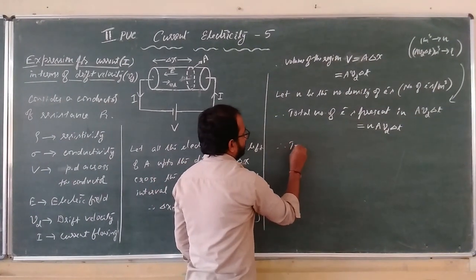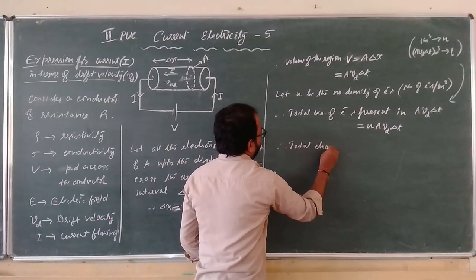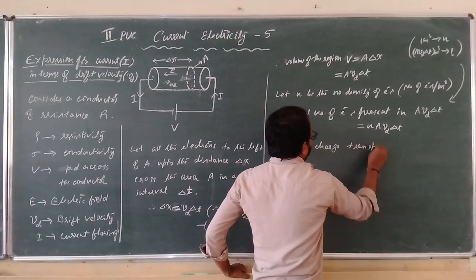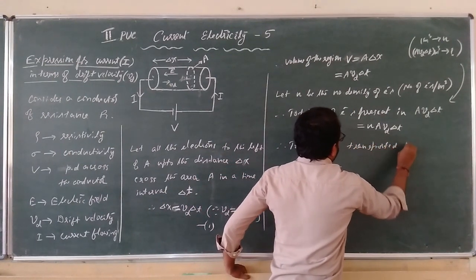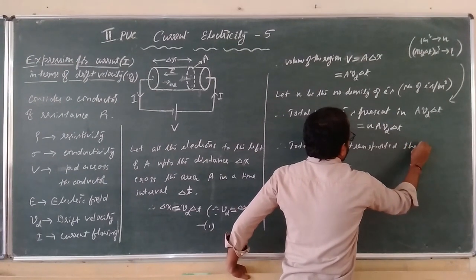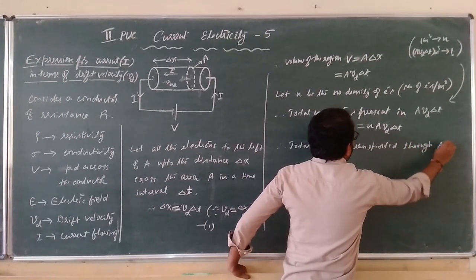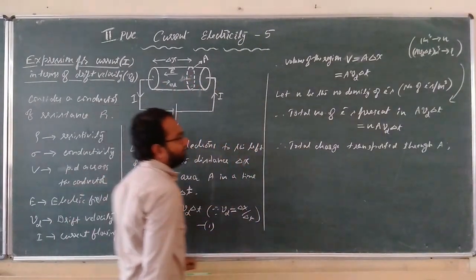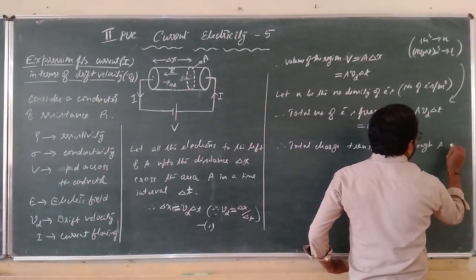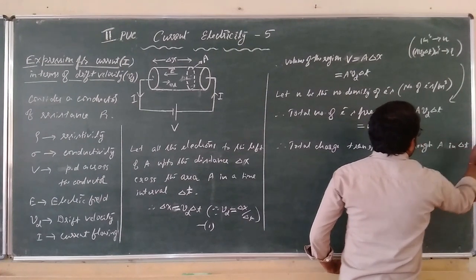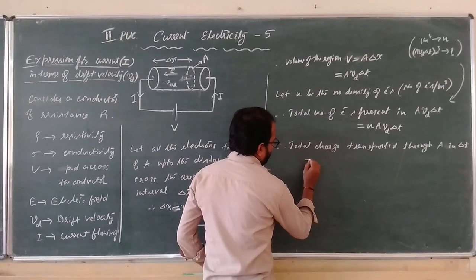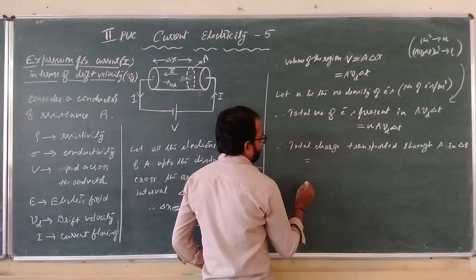Therefore, total charge transported or flowing through A in a time interval of delta t seconds is, say, equal to, what is the amount of charge?